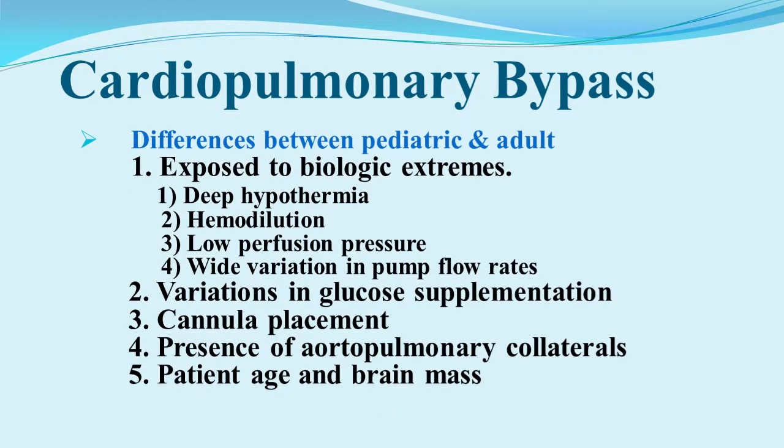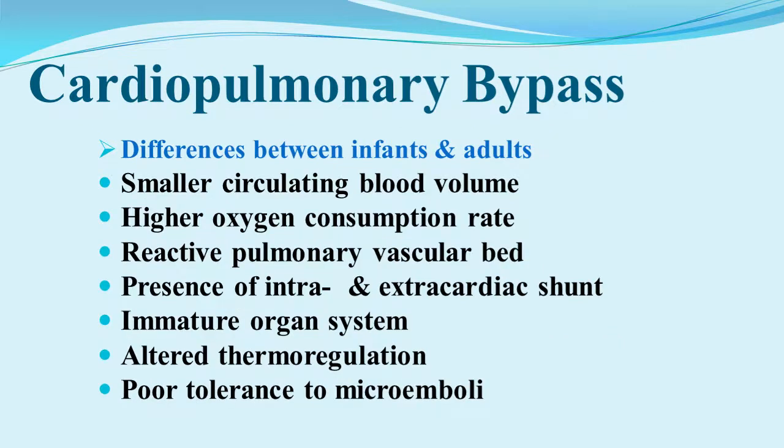Differences between pediatric and adult patients: exposure to biological extremes, deep hypothermia, hemodilution, low perfusion, wide variation in the pump flow rate, variation in the glucose supplementation and cannula placement, presence of aortopulmonary collaterals, and patient age and risk.